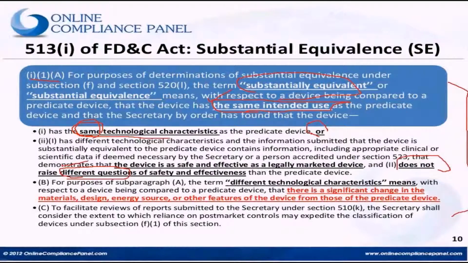I am not going to talk about the guidance document since we are reviewing the actual language from the statutes. Now, when there are different technological characteristics, for example, a significant change in the material of your device, design, energy source, or other features of the device from those of the predicate device, then you have to submit the 510K.